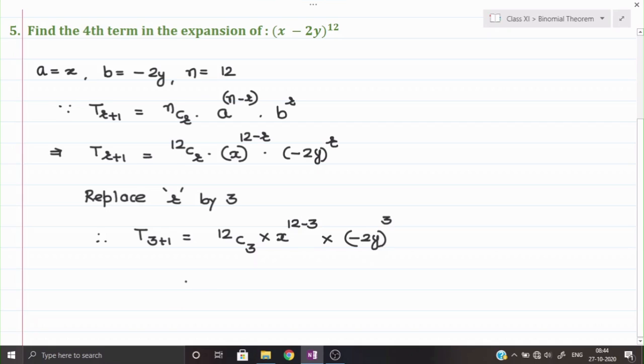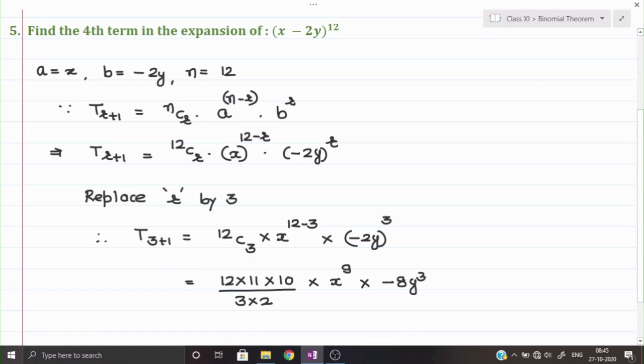Now 12C3, if I simplify, 12 I will open 3 places, 12 into 11 into 10, and upon factorial 3, that is 3 into 2, into x to the power 12 minus 3, that is 9, into, see, minus sign is there and power is odd, so minus sign will remain, so it will be minus of 8 into y cube.